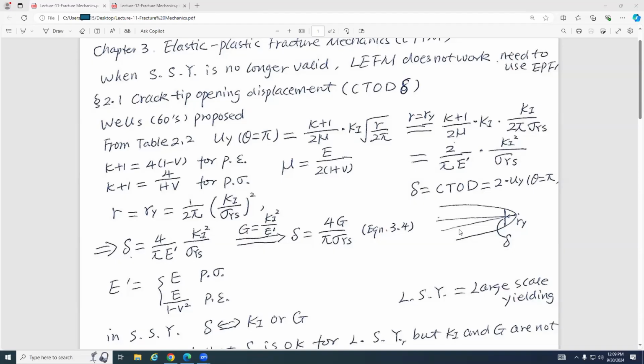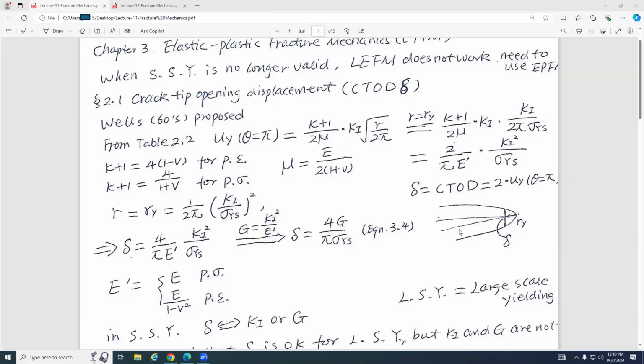So here you can see this is the crack tip, a new crack tip. At this point, we suppose these cracks are very, very sharp. That means this crack face and this crack face are almost identical.